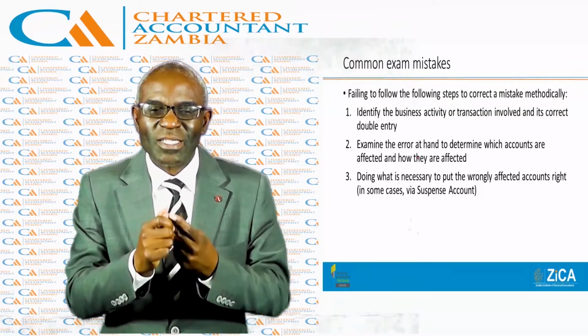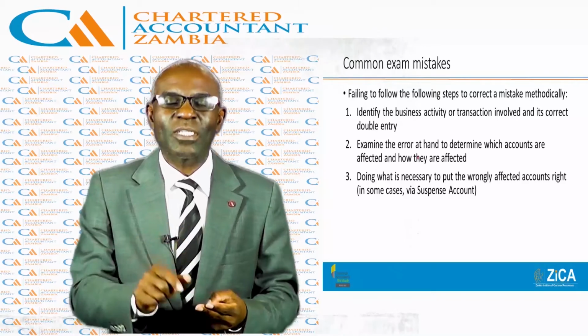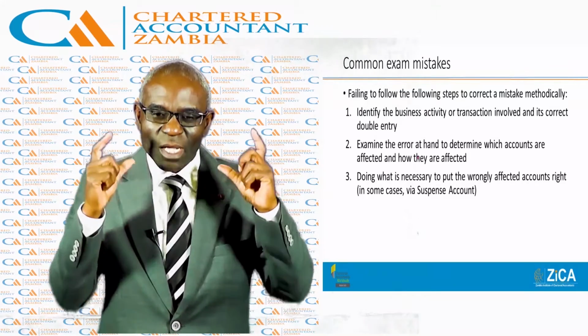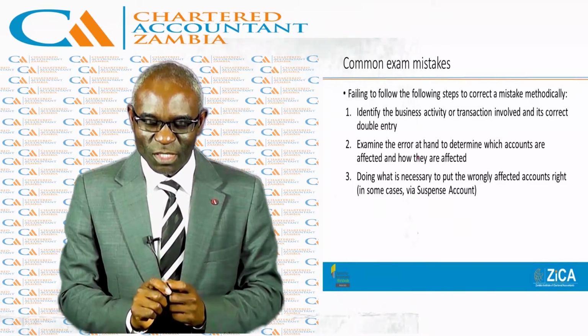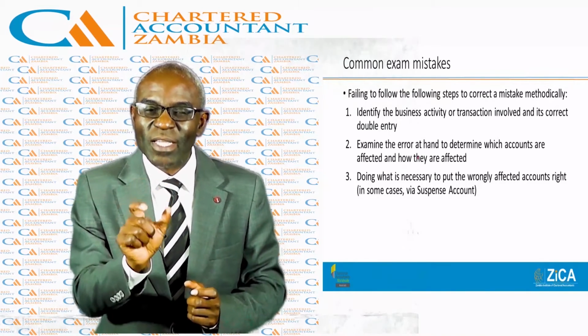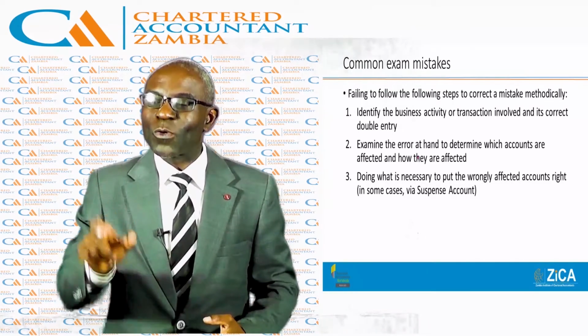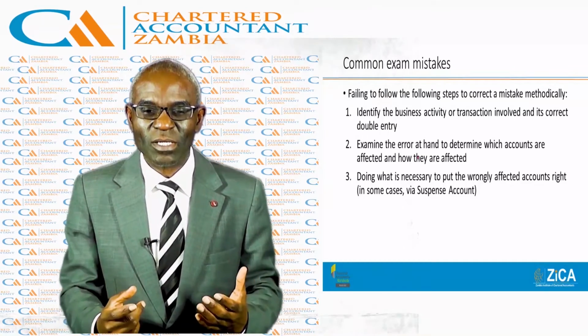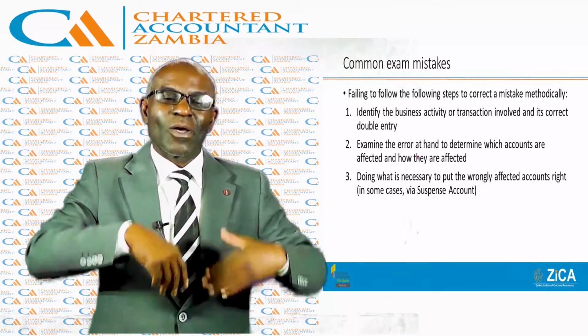Second, that business activity, are you sure of the correct double entry through which it is processed? When you sort that out in the mind, now you look at the error in the question. When you look at the error, you must identify accounts which have been affected correctly and accounts which have been incorrectly affected. Now, what we see in answer scripts is that a student will start correcting an account that is already correctly affected. And so by correcting it, you are making it wrong.